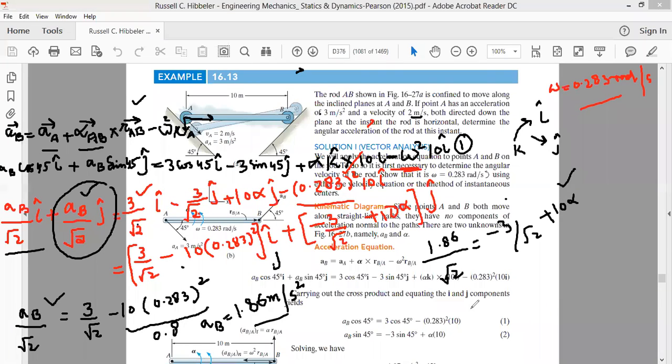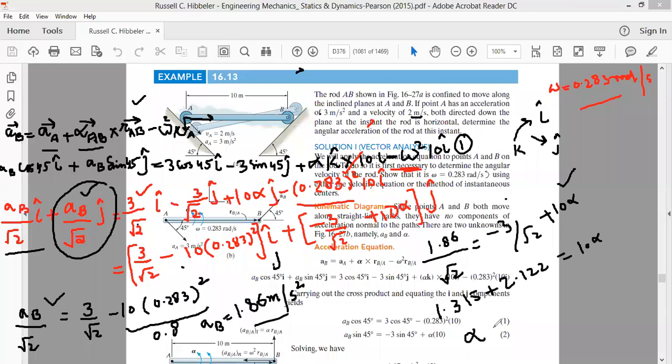So 1.86 divided by under root 2 is equal to 1.315. So 1.315 plus 3 divided by under root 2, that is 2.122, is equal to 10 alpha.